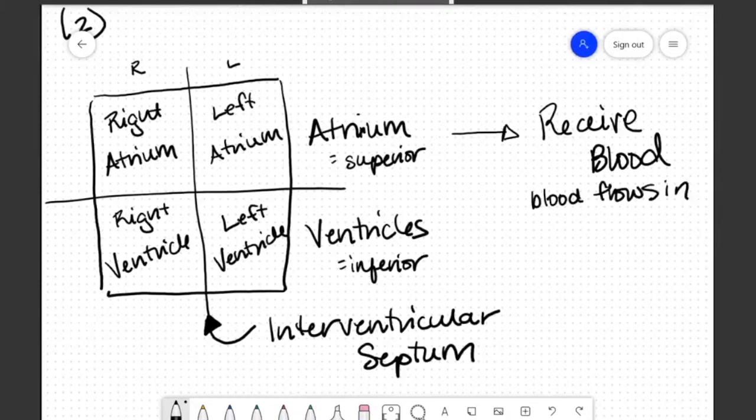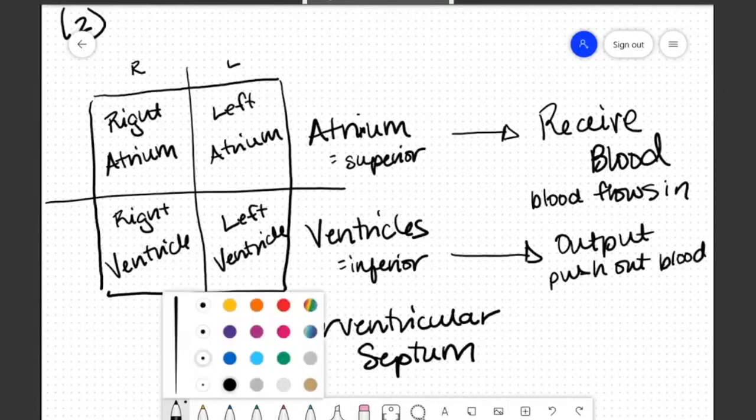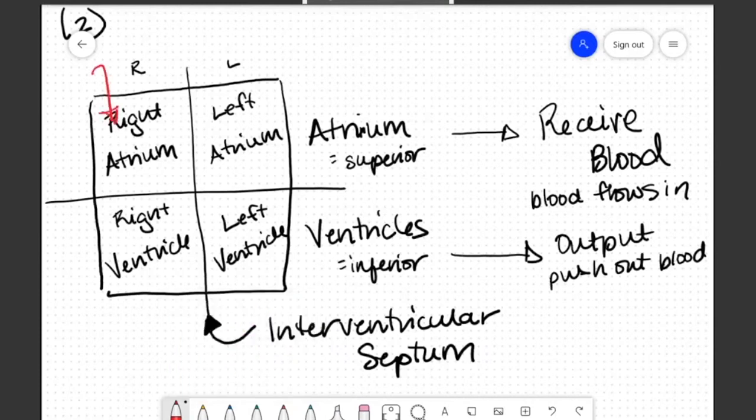Your ventricles are going to be the output, so they will push out blood. So basically, it doesn't matter if it's the right or the left. Atrium is going to have blood coming in because it is the receiving chamber, and ventricles will have blood going out because they're going to push the blood out.